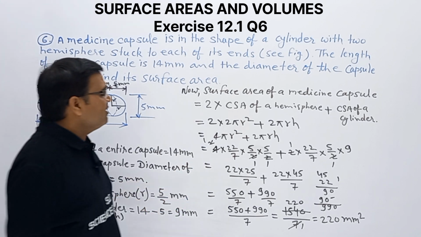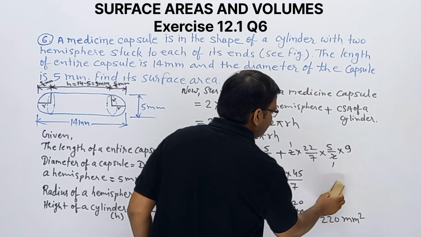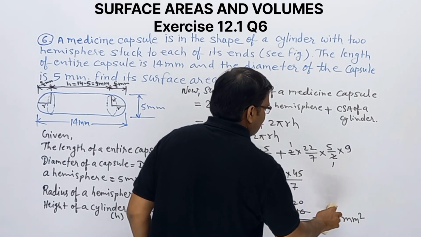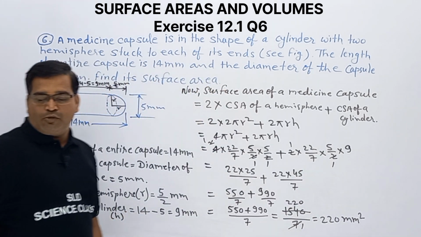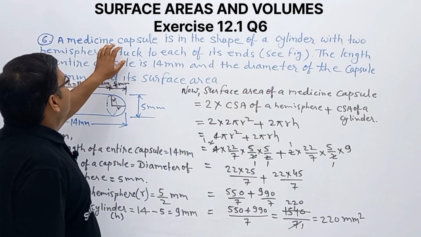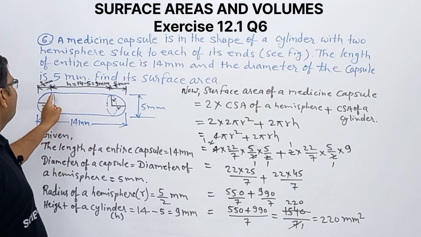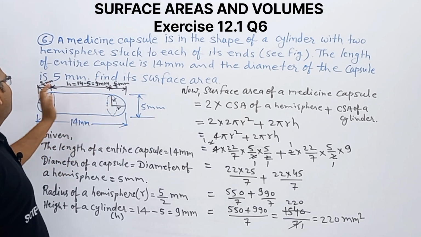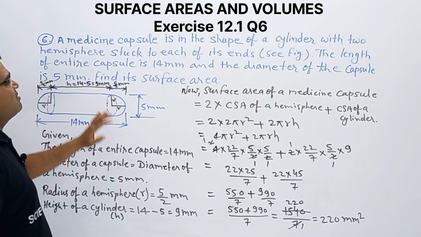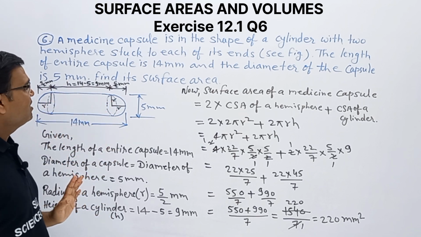So how we are getting? Observe again, simple. Once we know the concept, then we can easily find the solution. Clear? We are having one medicine capsule, and the medicine capsule is a cylinder with two hemispheres stuck at the ends of this cylinder.